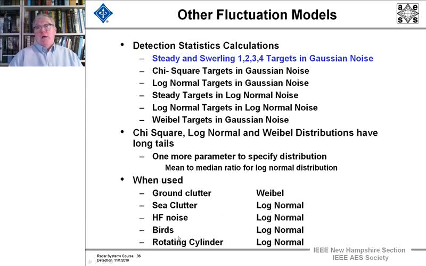Birds, if you think of a bird as a background or a target, you may or may not want to see. If you're a radar ornithologist, you want to see it. If you're an air traffic control operator, you don't. But birds are like an Erlenmeyer flask that fluctuates.